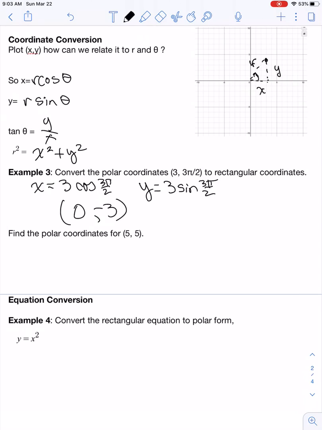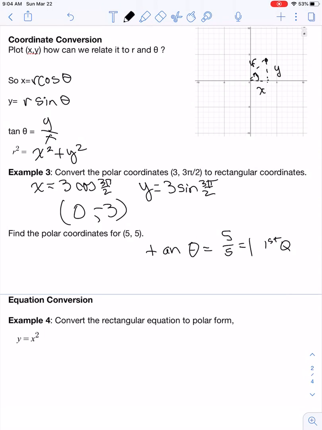And now try for the polar coordinate for the x, y point 5, 5. You have to find the r and the theta. So tangent of theta equals 5 over 5, so that would be 1. That's in the first quadrant. You have to think about quadrants again.